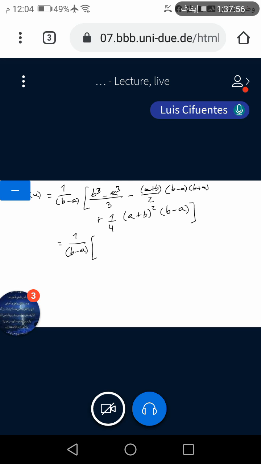Okay. This denominator, we put this one, and this one, they disappear.